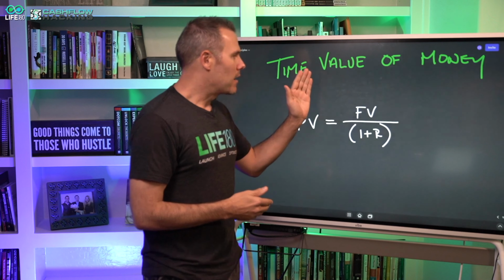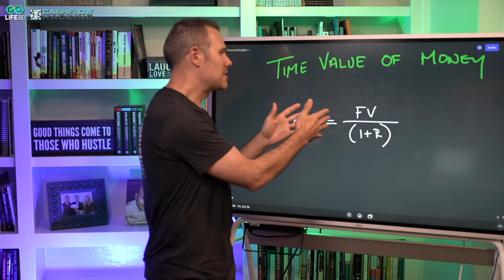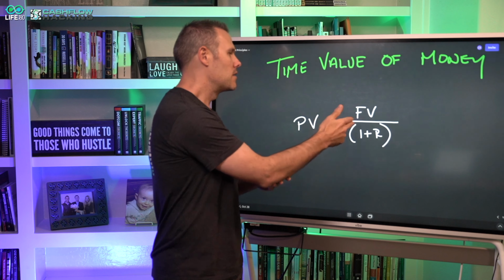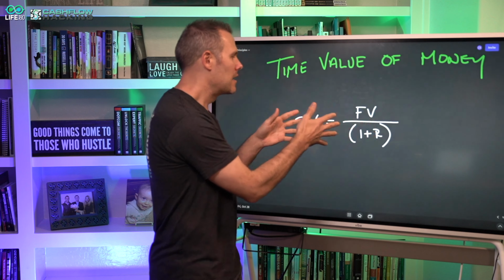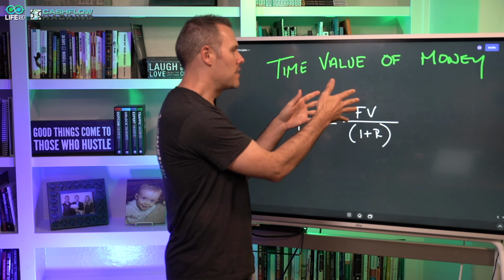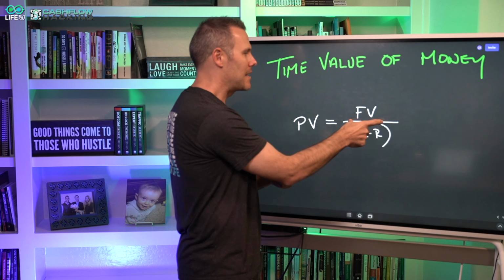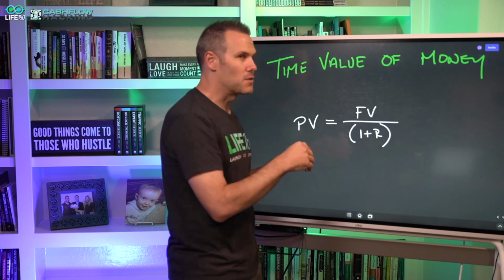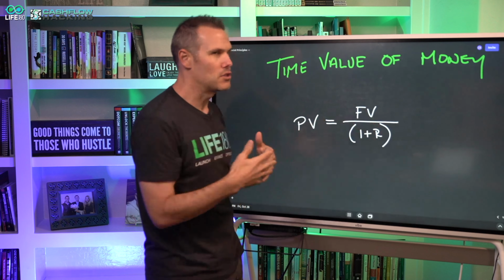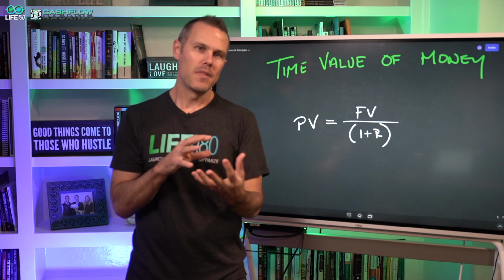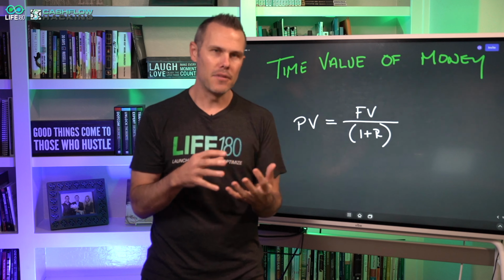So when you look at what this equation does for you, it says the present value is simply equal to the future value divided by 1 plus the rate of return. And what this is showing you is, if you got 1,000 here and this number might be 1,100 for future value, it's not all going to be just pure gains because you've got to account for inflation and the return, and it will tell you what the value of that money in today's value is when you account for that, if that makes sense.